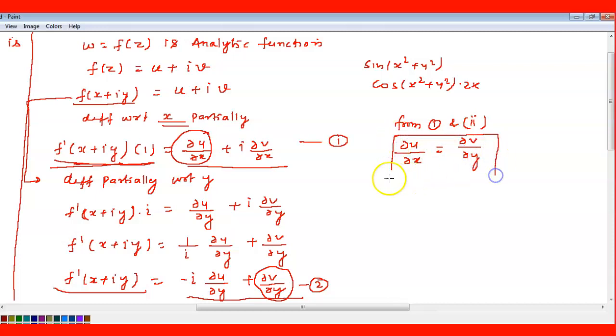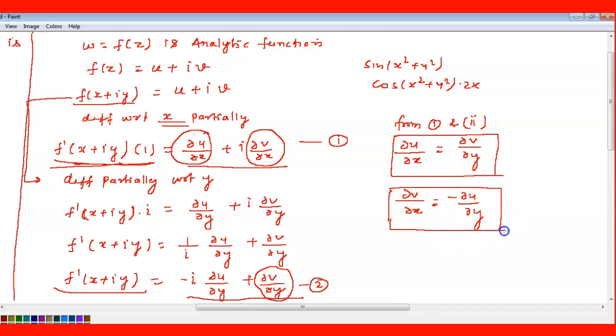And the imaginary parts will be the same: del v by del x is equal to minus del u by del y. So this is the proof of the Cauchy-Riemann equations in the Cartesian form.